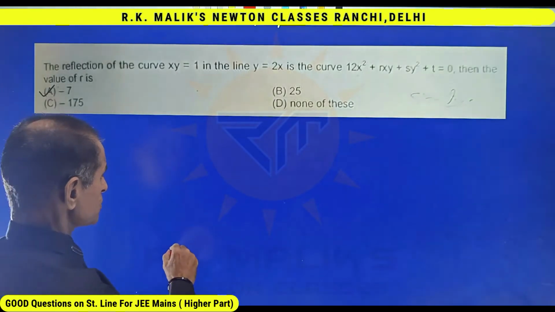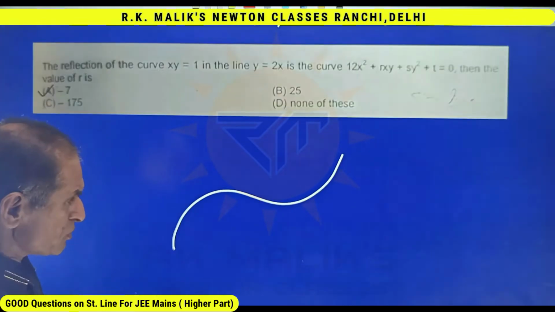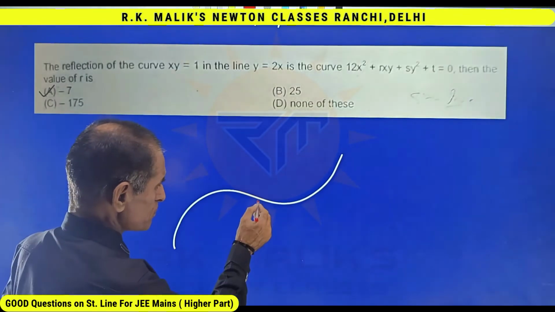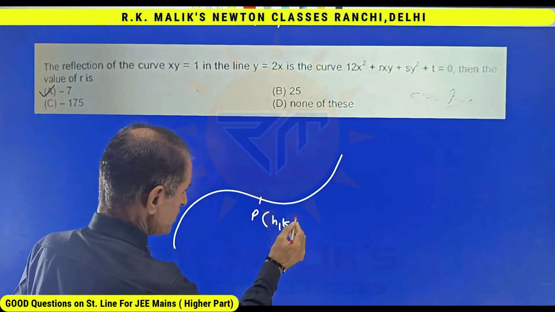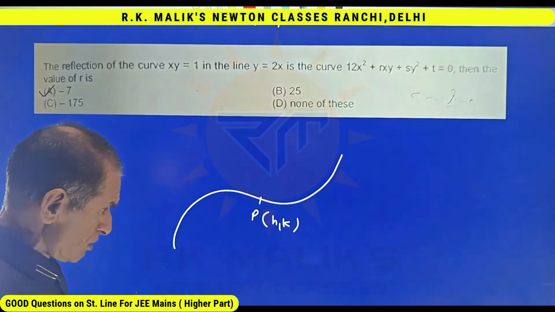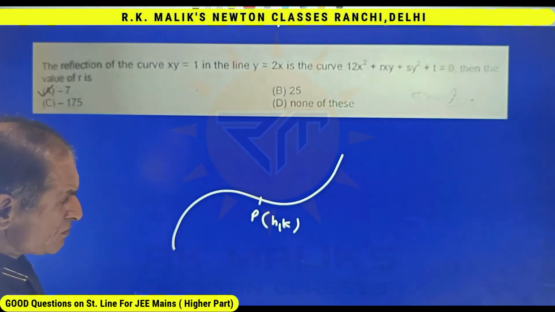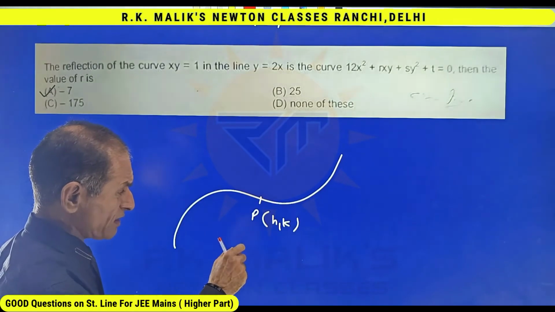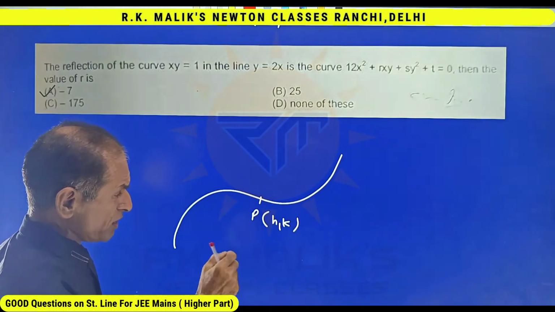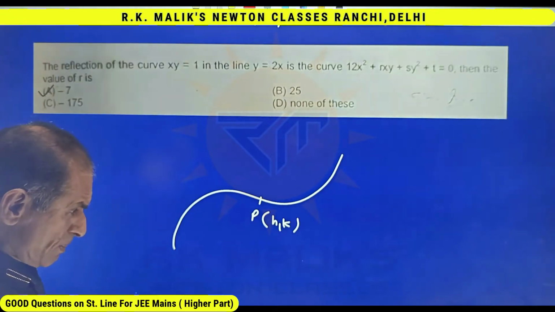You must be knowing that suppose you have to find the equation of some curve. The procedure is always, suppose P having coordinates (h, k) is some point on the curve, and to find the equation of the curve means find such a relation in h and k which is not containing any other variable except h and k.